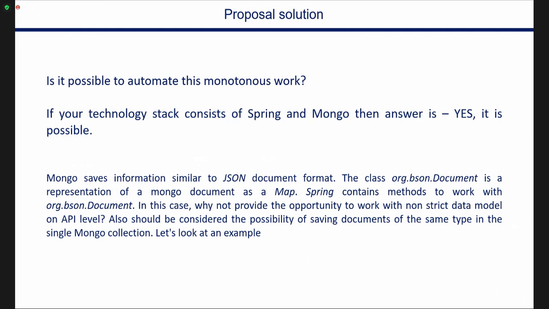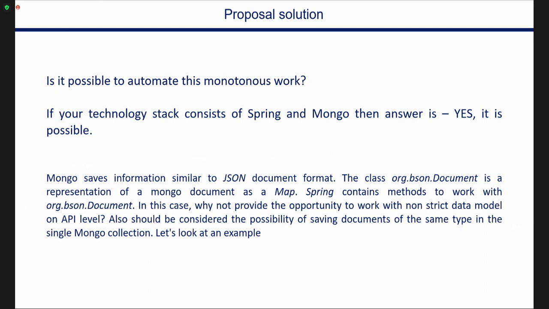So we have a representation of JSON as a map with some keys and values. But we can work with different keys and different values. So it means we can store different maps, not different maps, but different bodies of the map. So it means we can store and we can get different objects from Mongo without a strict structure.